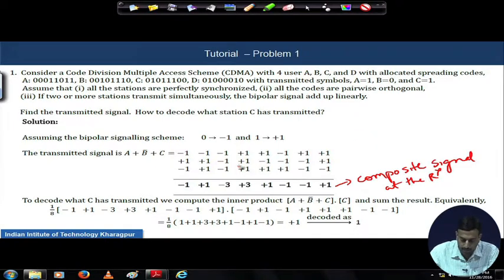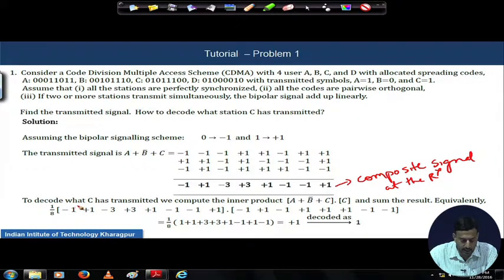Now we assume that the signal has been received as it is and noise has not corrupted the signal. Normally we assume that there is going to be some kind of additive white Gaussian noise, but in this case we neglect the additive white Gaussian noise, or for that matter any interference, and we assume that the composite signal is received as it is.